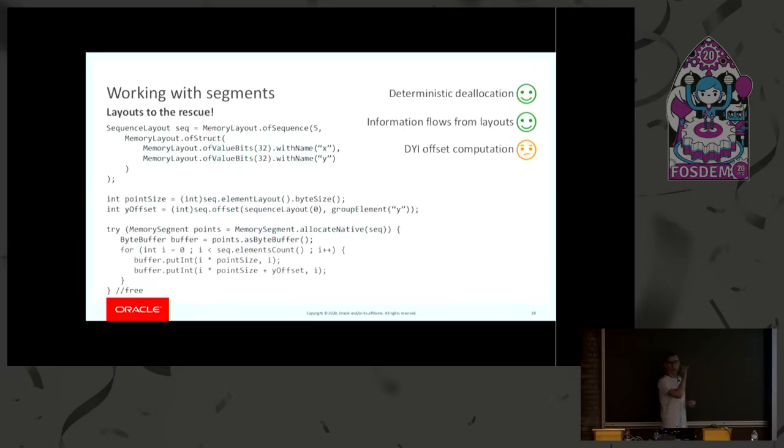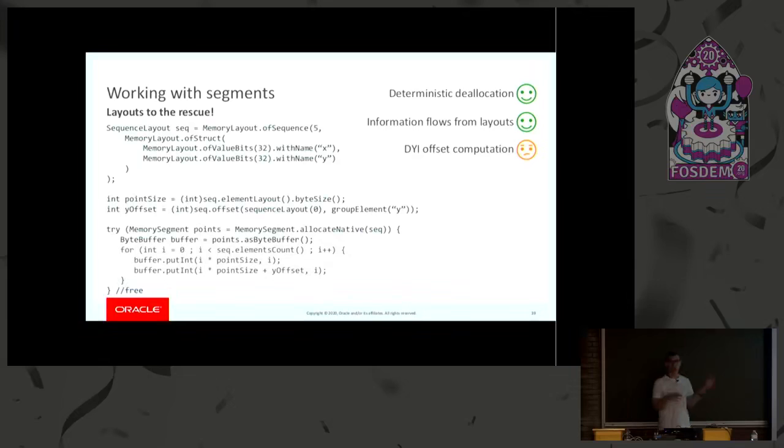We got rid of the comment at the beginning of the example that we had before, and we replaced it with an actual memory layout instantiation. So now we have an object that describes the layout of the things that we are going to work on. Then in the middle part of the slide, I use the layout to derive constants, such as how big is a point, or what is the offset of the y field inside the struct point.